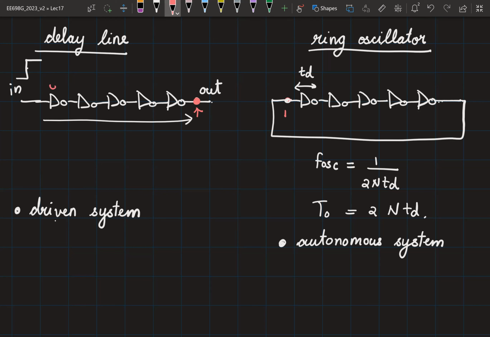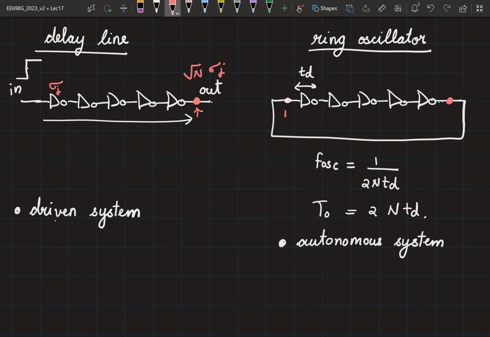If each stage is adding a jitter of sigma j, this would be RMS. We are looking at RMS. So it will be root n times sigma j. This is assuming uncorrelated events, right? Now, let's say I do the same thing for the ring oscillator. I am observing this output. So I observe it today, tomorrow, 100 days from now.